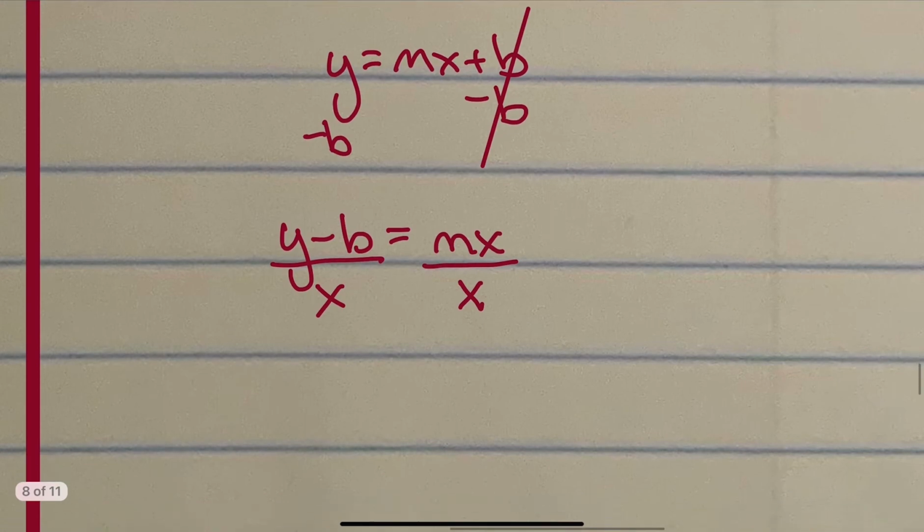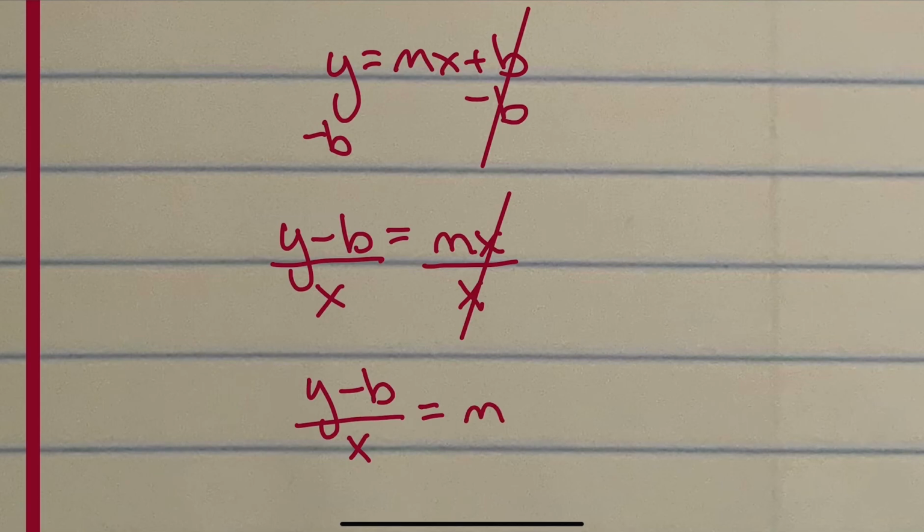Alrighty, so that is going to leave us with y minus b over x, because we can't combine those. It has to stay exactly the same, equals, well, let's see, our x's cancel out, so that's going to be just m. So we just solved for m. We know m is equal to y minus b over x.